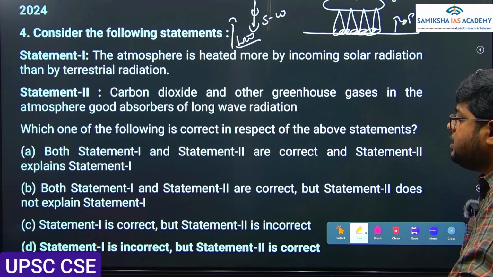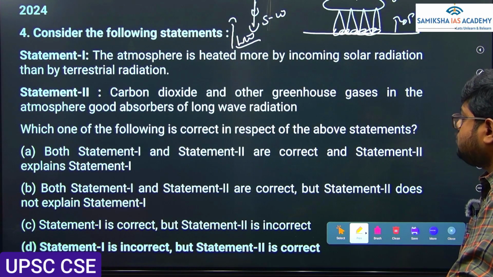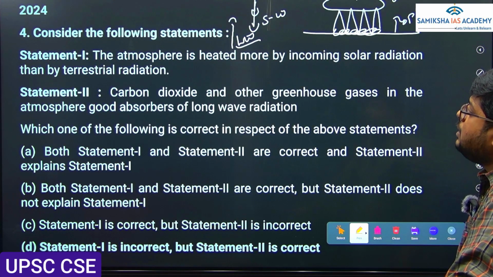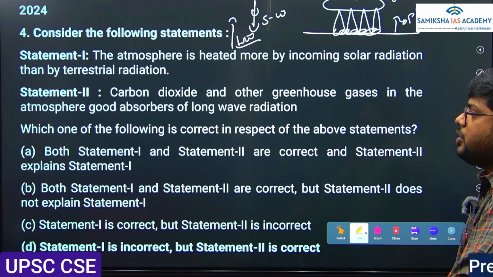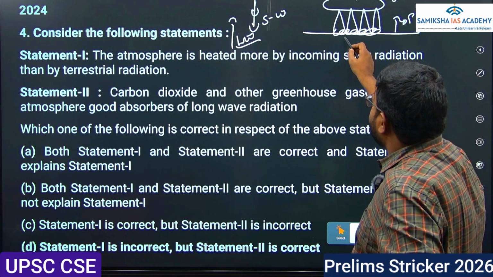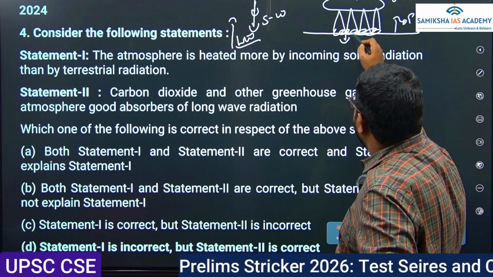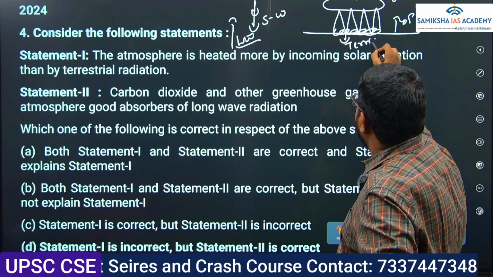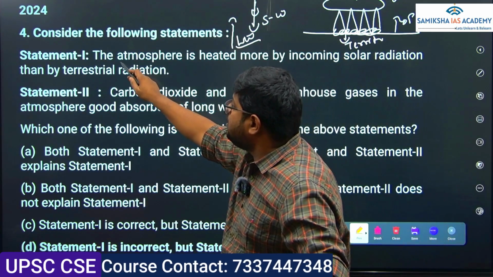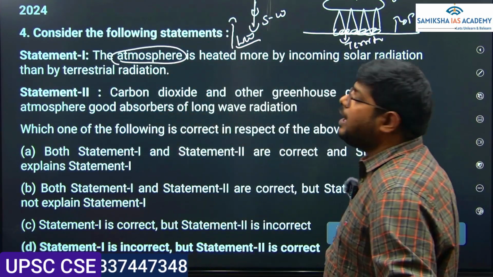So what is this statement? The atmosphere is heated more by incoming solar radiation than by terrestrial radiation. Right now, here the earth is heated more by the terrestrial radiation. Am I clear? But the question they are asking is that the atmosphere is heated more by incoming solar radiation.